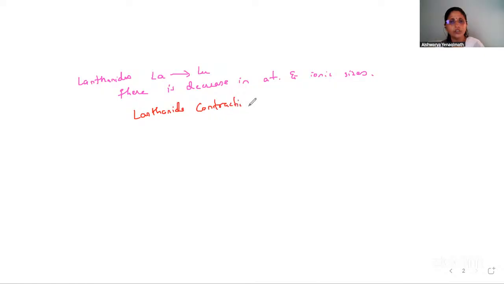So what is this lanthanide contraction? The overall decrease in the atomic size and ionic radii from lanthanum to lutetium is called lanthanoid contraction.